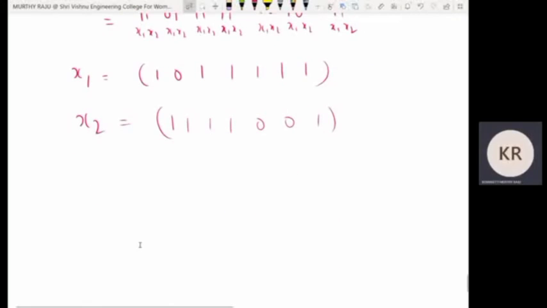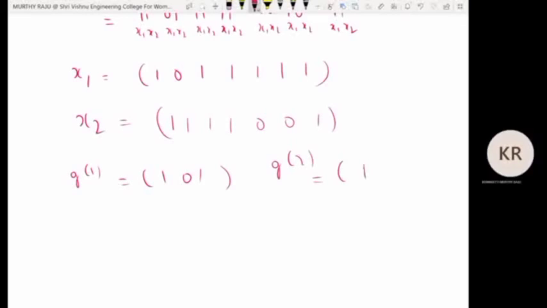In the last video, by using transform domain analysis with the help of g1 is equal to 1 0 1 and g2 is equal to 1 1 1, the same result is obtained. The same result, that is 14 bits.